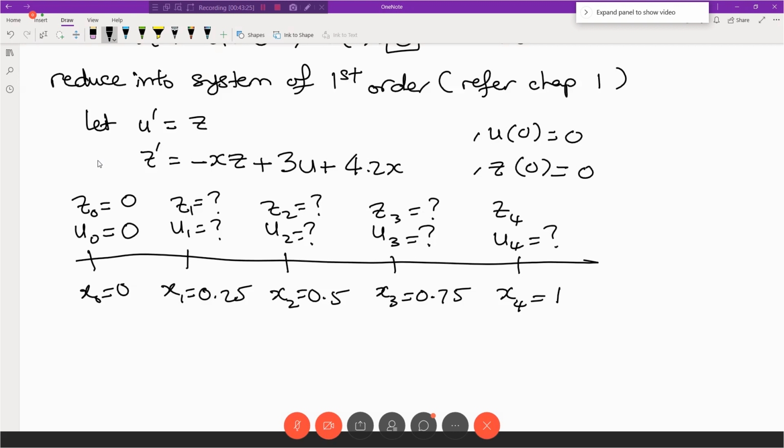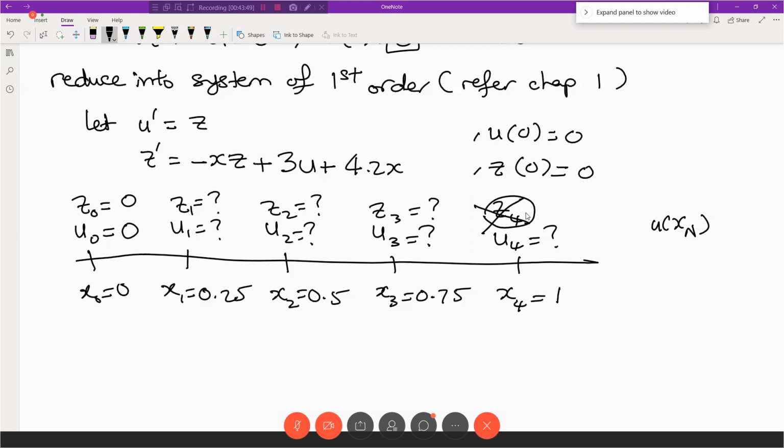How about z4? Do we need to calculate z4? No, not needed here, because we just need up to u of x4, if you still remember what we need to calculate.